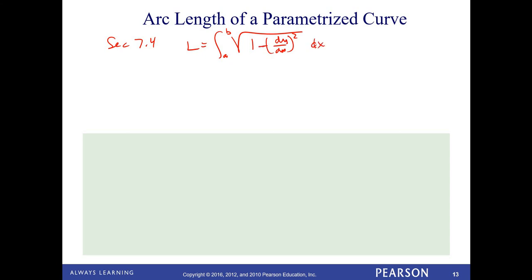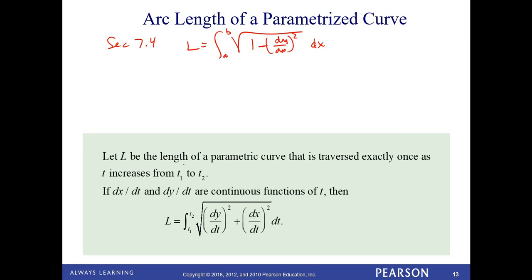And this came from playing around a little bit with Pythagorean and that stuff. So we're going to do the same thing with parametrics now. Let L be the length of a parametric curve that is traversed exactly once as t increases from t sub 1 to t sub 2. In other words, a curve that doesn't double up on itself.